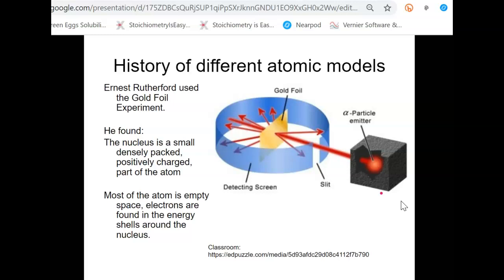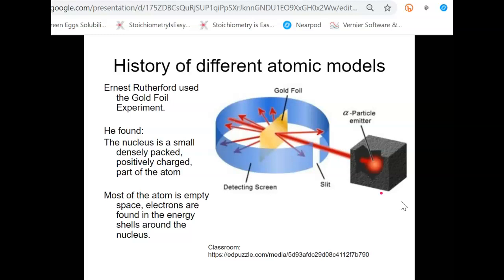And so he shot it through there, and he got pretty much exactly what he expected, except do you guys see those 2 arrows that are going back in the opposite direction? Those 2 arrows were the problem and turned out to be the basis for what he said was going on inside the atom. So he said that there must be something inside the atom that is repelling these positively charged particles I'm shooting through here.